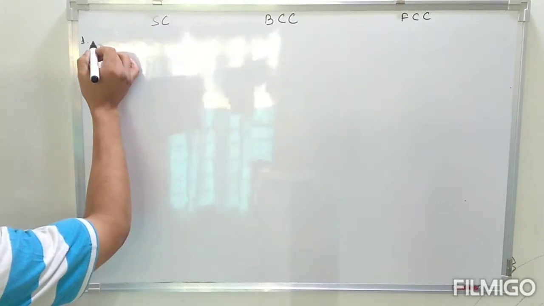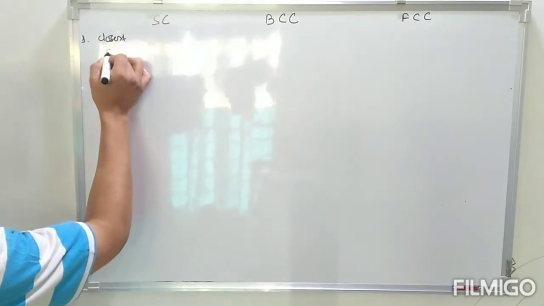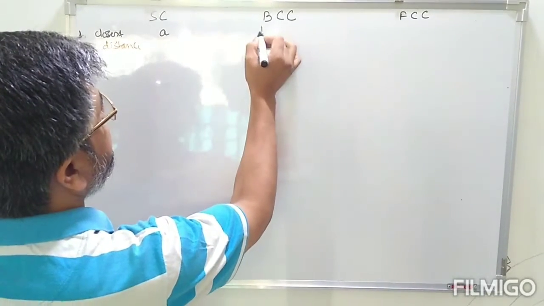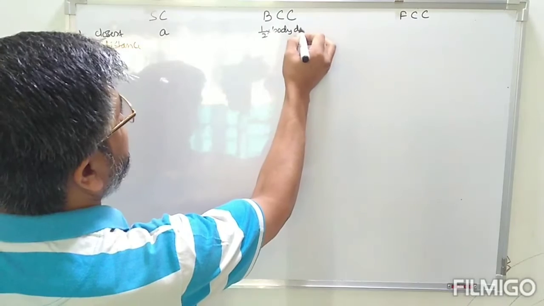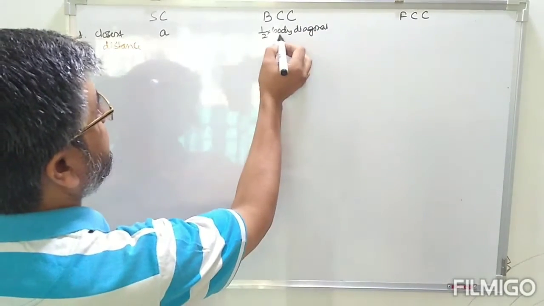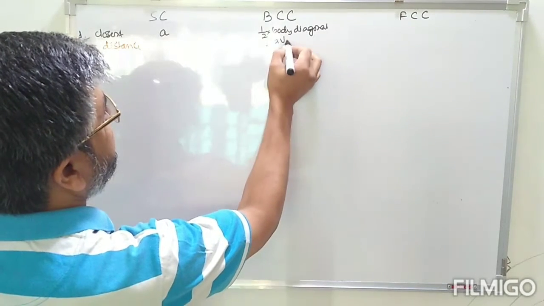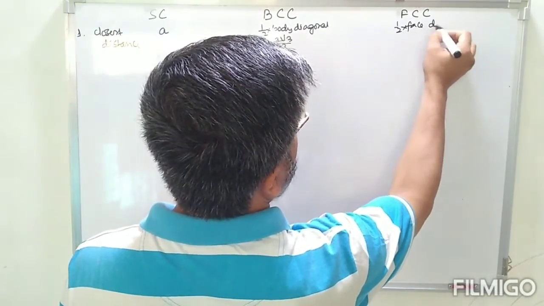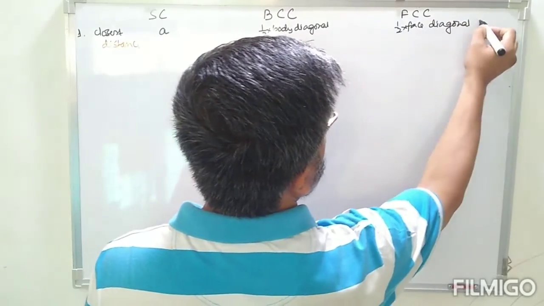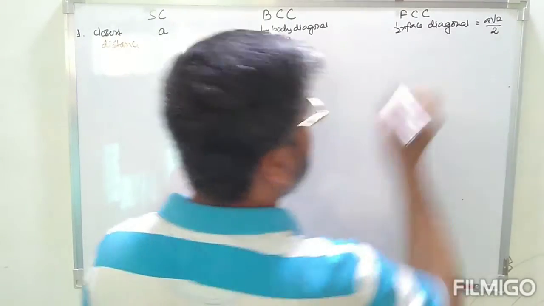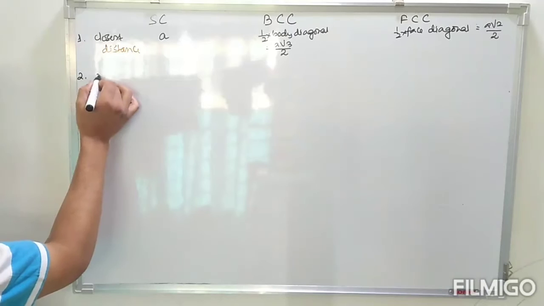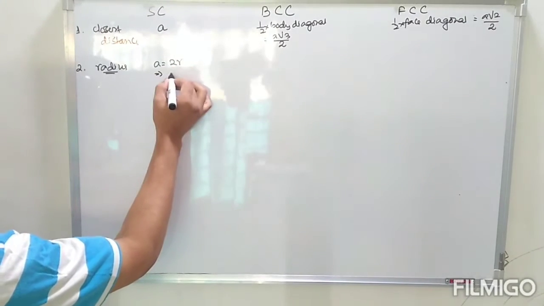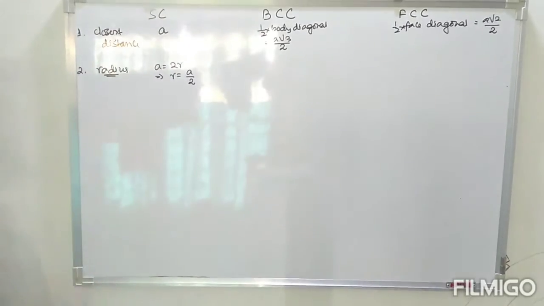First, the closest distance is a, the side length, for simple cubic. For BCC the closest distance is half of the body diagonal, that is a root 3 by 2. For FCC it is half of the face diagonal, so this equals a root 2 by 2. Radius: for simple cubic, a equals twice r, so r is half of the closest distance.